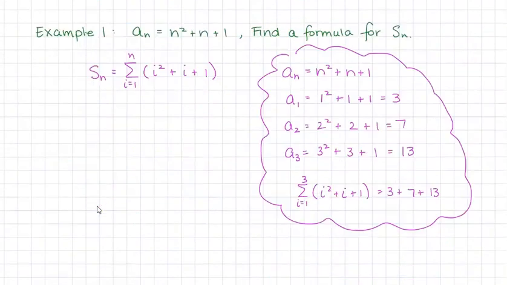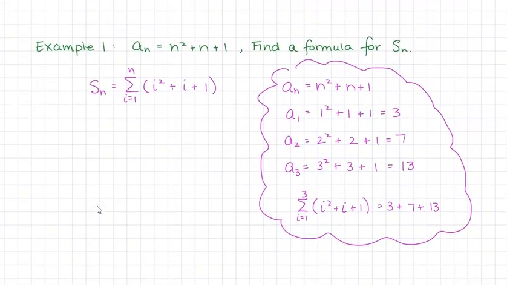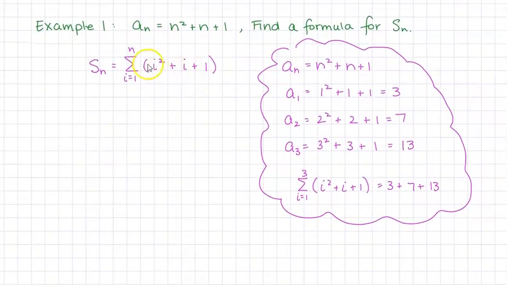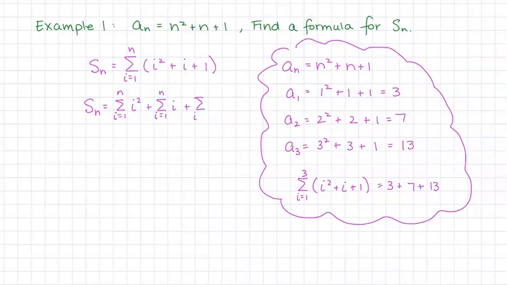What do we do when they're all combined into one summation? Well, the answer is you break them up. So this is the same thing as the summation as i goes from 1 to n of i squared, plus the summation as i goes from 1 to n of i, plus the summation as i goes from 1 to n of 1.